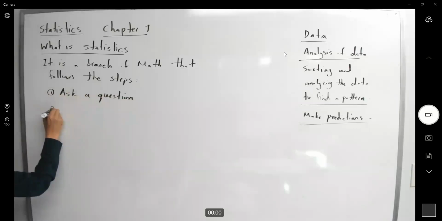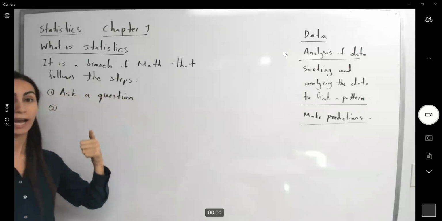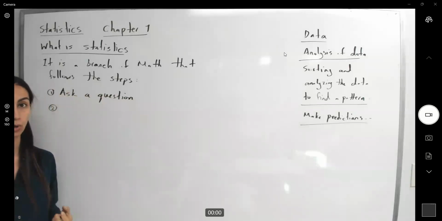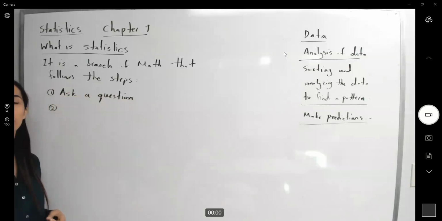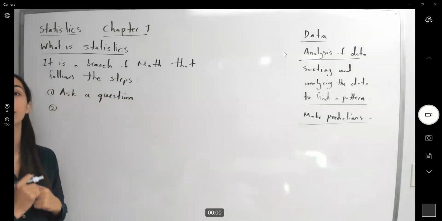After asking the question, I need to have some data to be able to answer that question, am I right? Well, I need to identify the population, the target, and then collect the data.